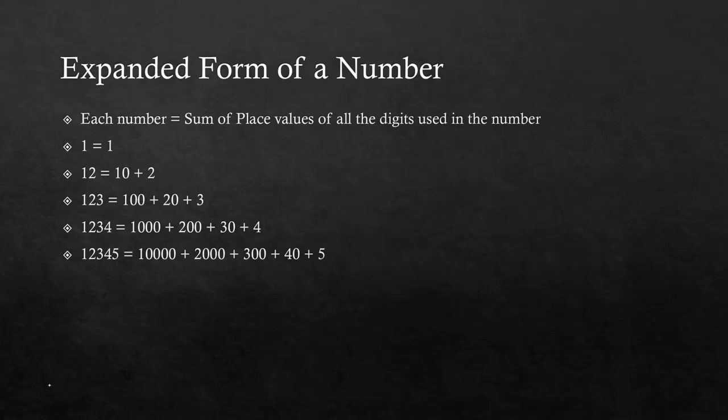So the expanded form of 12,345 is 10,000 plus 2,000 plus 300 plus 40 plus 5. I hope you have understood what the expanded form of any number is. It is just a summation of place values of all the digits which are present in that particular number.